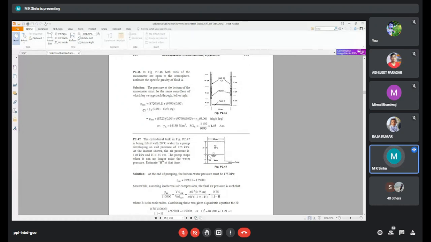This is the left side pressure acting at the bottom of the left limb.